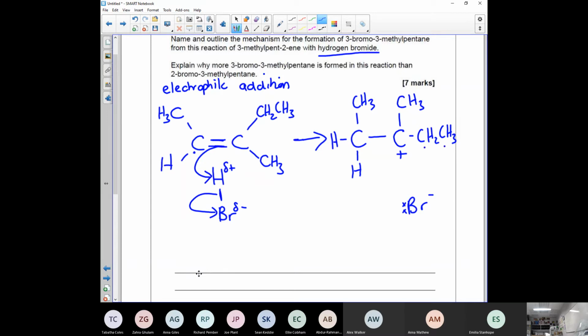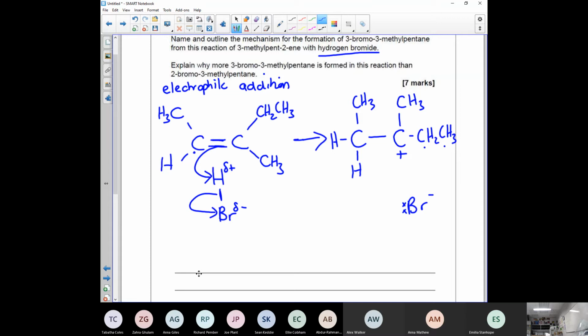So you had to make sure that that little plus was on the correct carbon, the 3rd one along. So with this kind of question, you have to be confident in what you're making and the actual mechanism itself, so you know where each of these different parts is going to be placed.